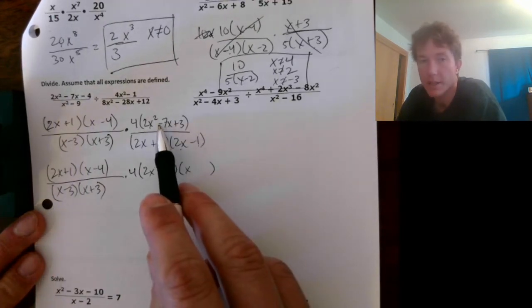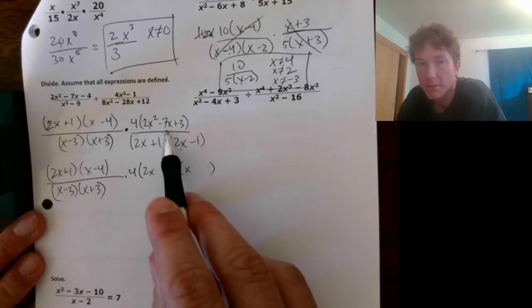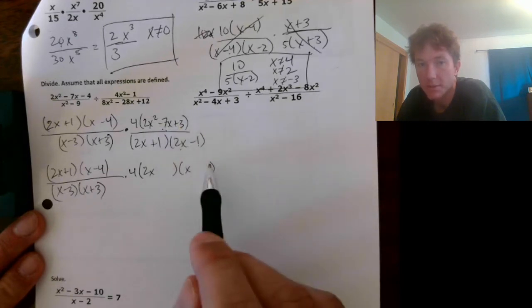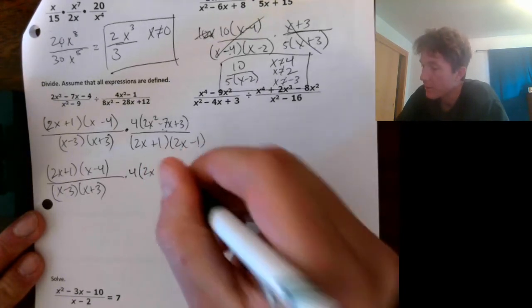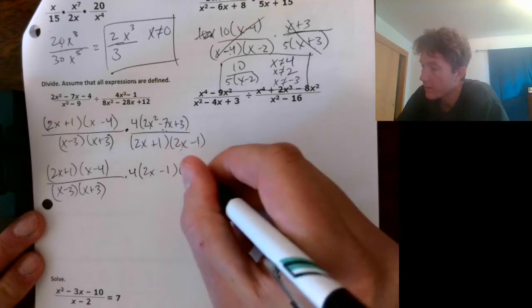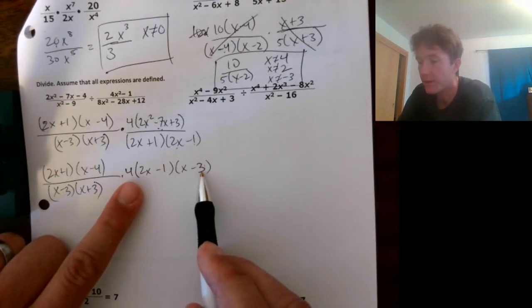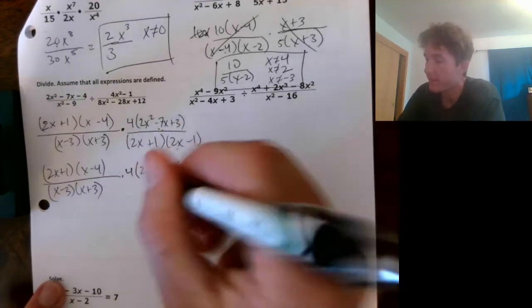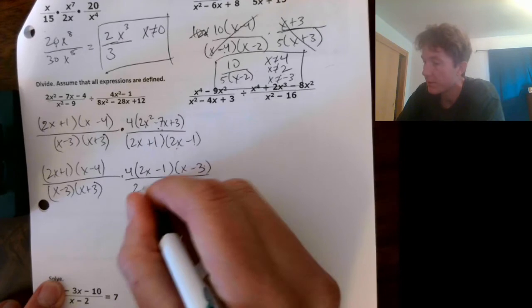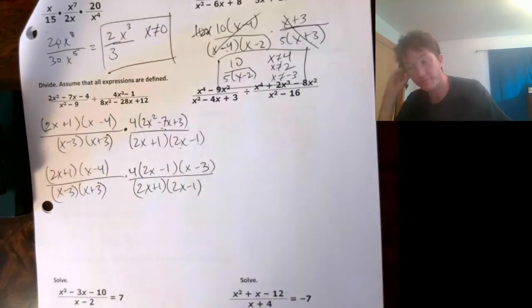Since this number is negative, this number is positive, that means these must also both be negative. So I'm going to make this one a 1 and this a 3. That gives me 2x times -3, that's -6, minus 1x, that gives me -7x. Over 2x plus 1 times 2x minus 1.